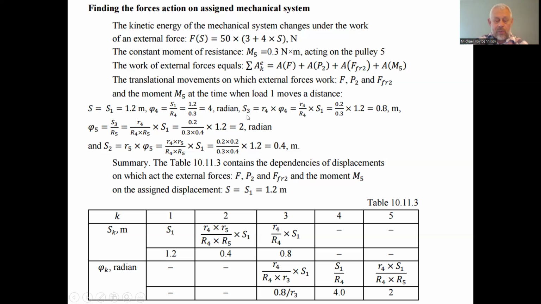This is when load 1 moves for 1.2 meters, roller 3 moves translationally for 0.8 meter.